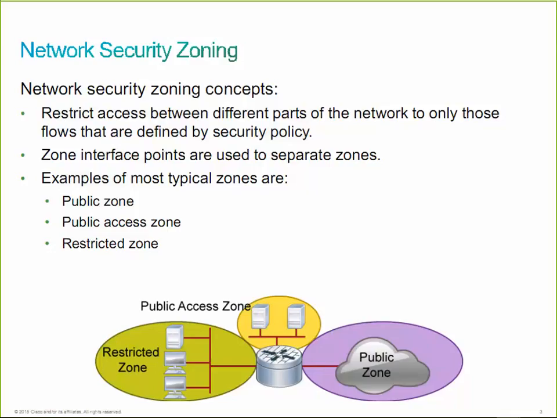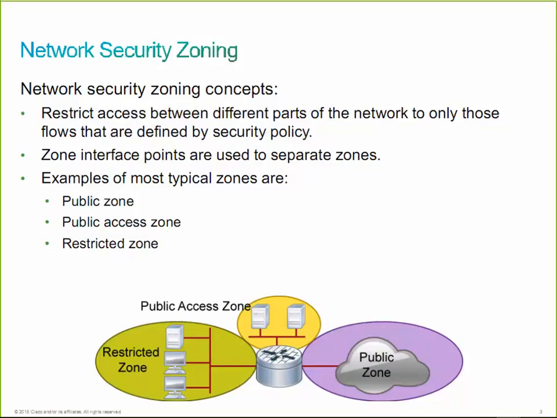And then we have the restricted zone. That's your protected zone, your internal zone. That's where your most critical data and services reside, and it's typically also the most secured zone and the one that should be limited.